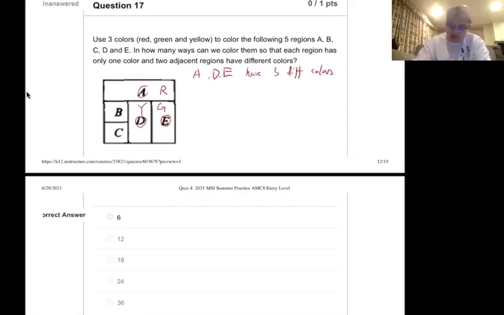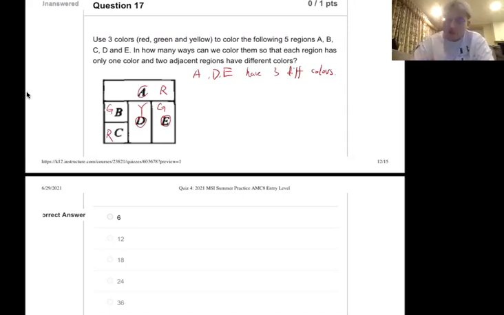And if A, D are determined, then B is determined because B is adjacent to A and D. So B can only be green. If B and D are determined, C is also determined. So C can only be red. Therefore, if we determine the color of A, D, and E, the color of all 5 regions are determined.